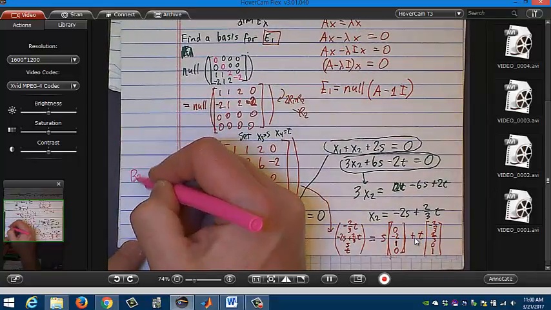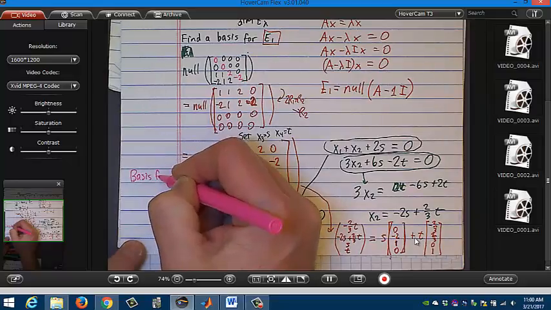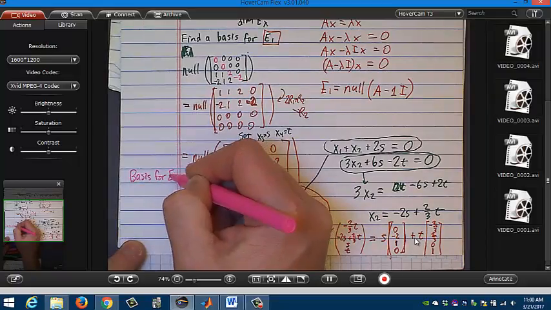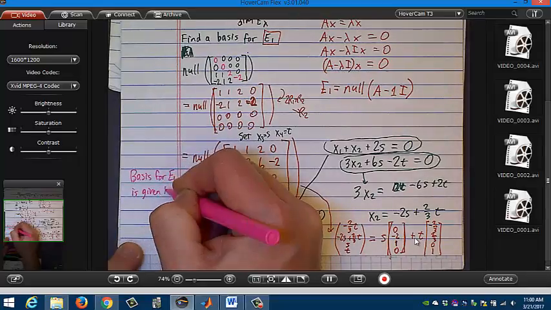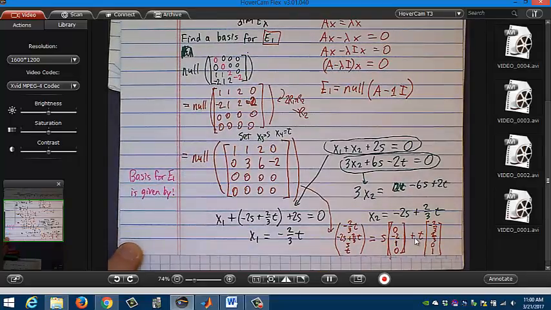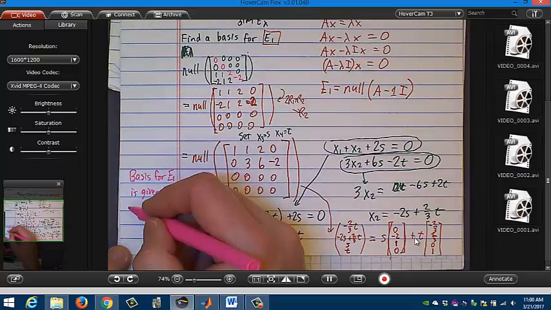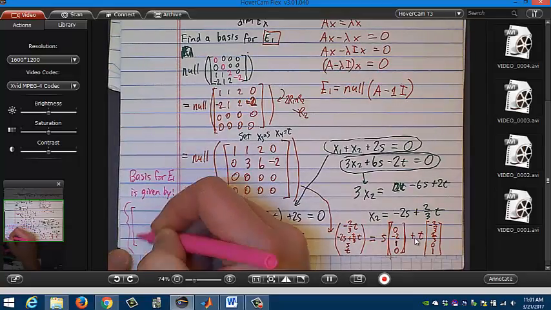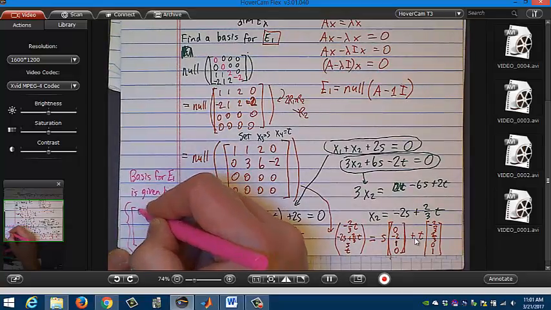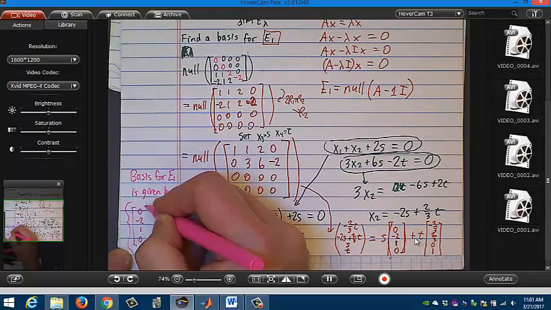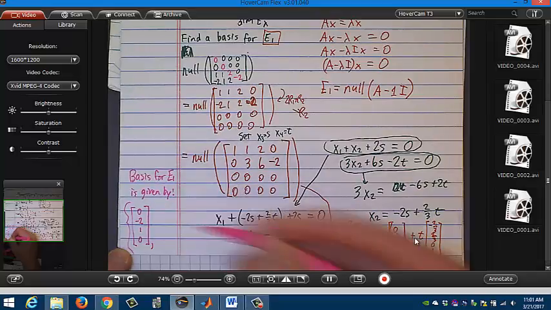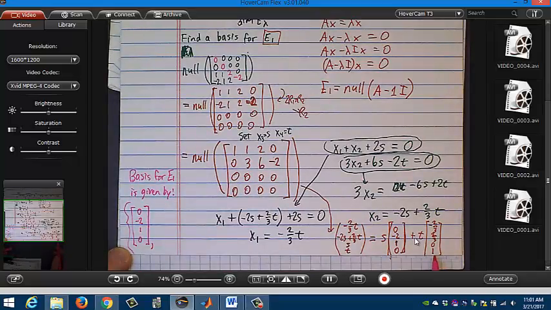A basis for E1 is given by, well, I'll take that first vector. So let's use 0, negative 2, 1, 0. But I'll tell you what, if it were me for the second vector, instead of using the fractions, I would multiply the second vector by 3 to get rid of all the fractions.